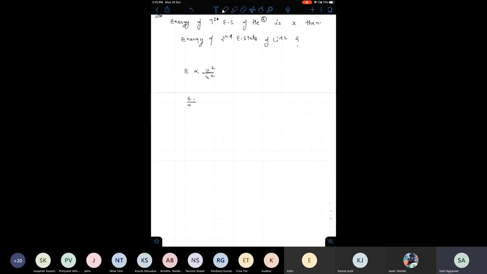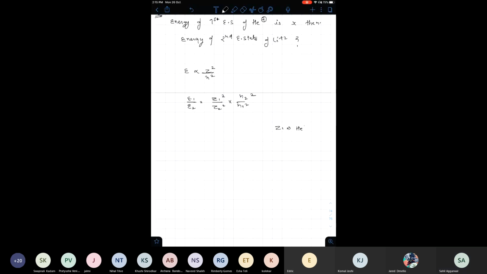Amba X. Let's see. Again, I say energy is directly proportional to Z square by N square. Now, E1 by E2 will be equals to Z1 square by Z2 square into N1 square by N2 square. What is your Z1?